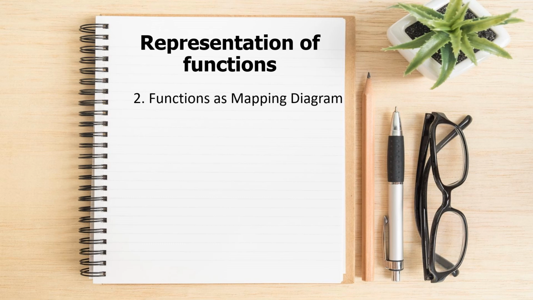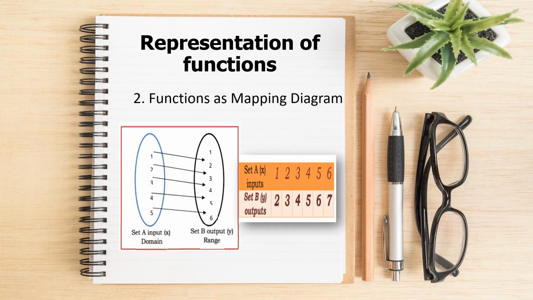Next, functions as mapping diagram. So using again this table of values, set A for the domain and set B for the range. In mapping diagram, we use this oval shape. We usually use this shape to present sets, set A and set B, your domain and your range, or your input values or your output values.